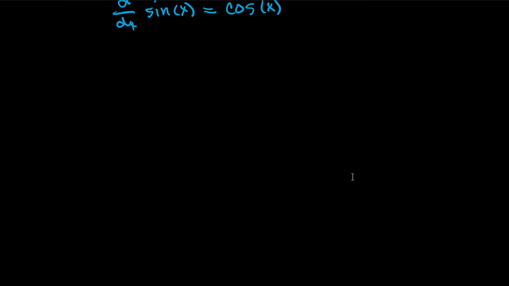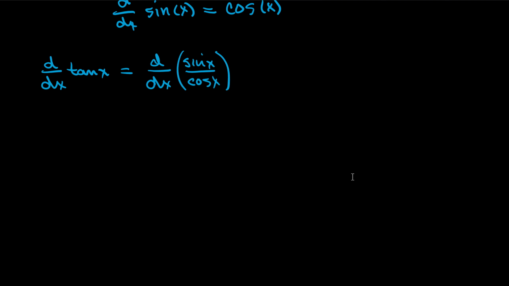From this, we can move on and compute the derivative of other things. For example, the derivative of the tangent of x. Well, that's the same thing as saying, let's take the derivative of the sine of x over the cosine of x, because tangent is sine over cosine. However, this is going to wind up being a quotient rule.